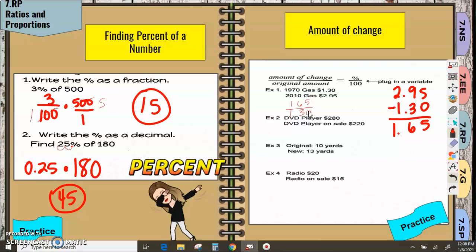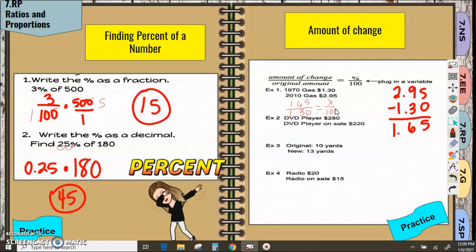So that's going to be equals, if I don't know what the percent is, and that's what I'm solving for, I'm going to use a variable. So I have $1.65, that's my change, over $1.30, that's my original, equals x over 100. That's like your formula to plug in to solve the amount of change.